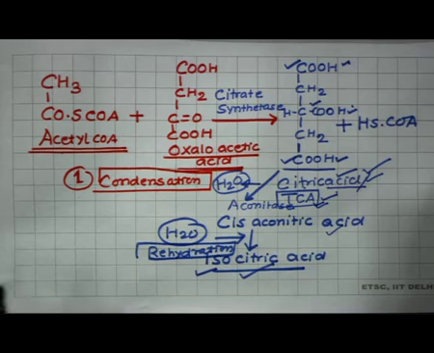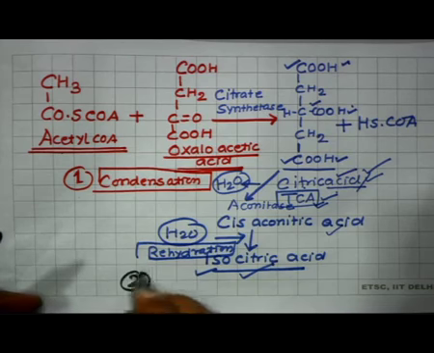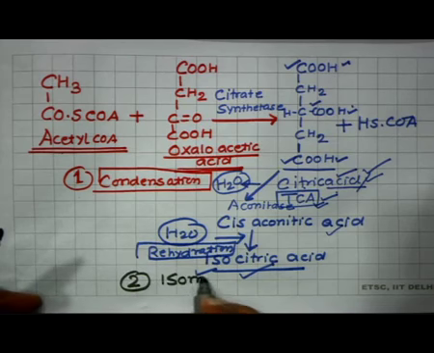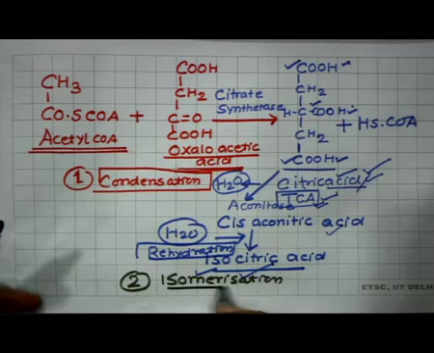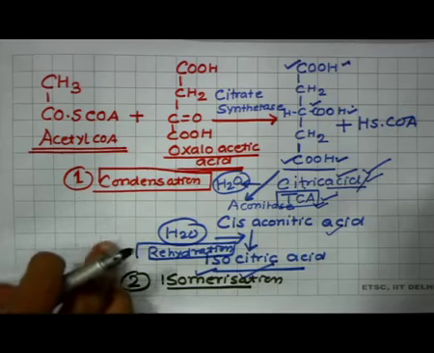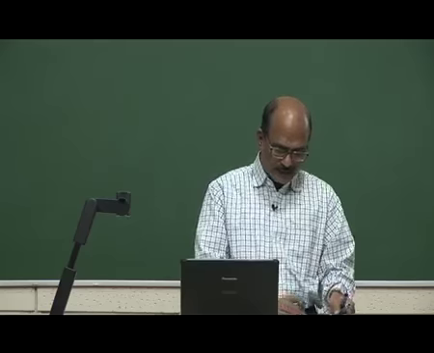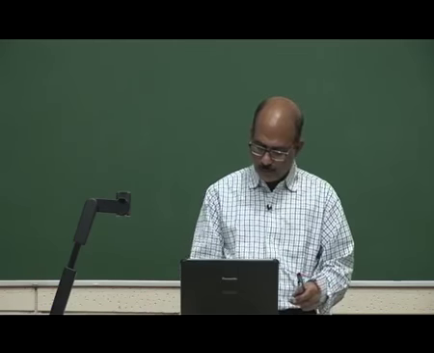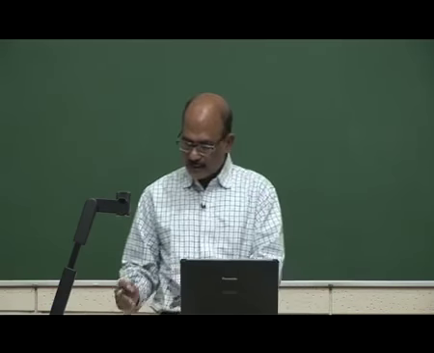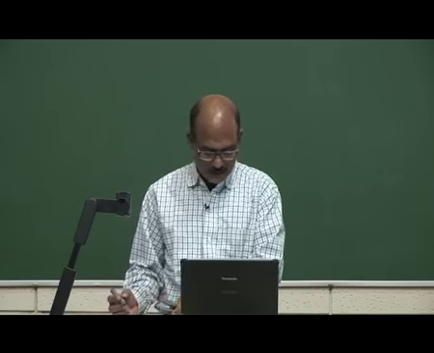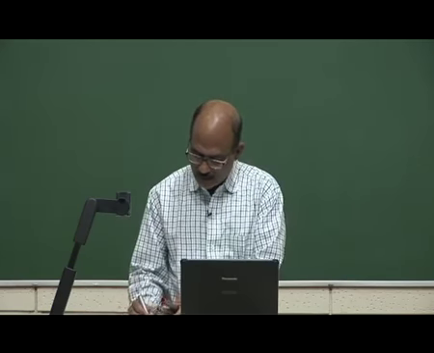This reaction, the second step, is called isomerization. So, in isomerization the citric acid is first converted into cis-aconitic acid, and cis-aconitic acid is converted into isocitric acid.